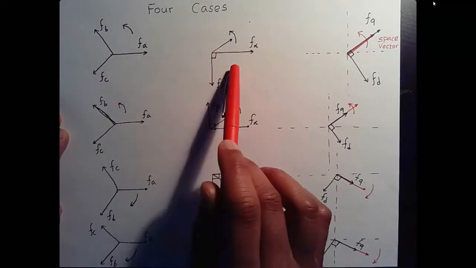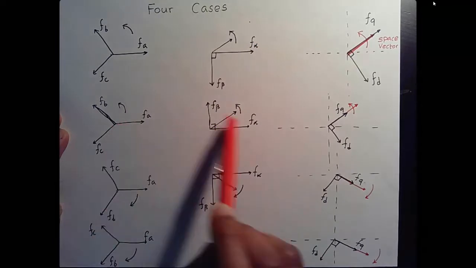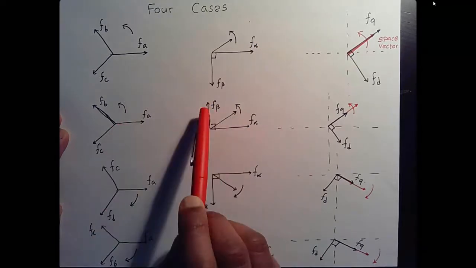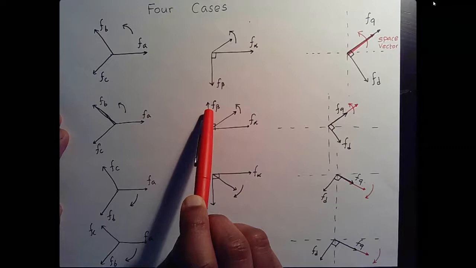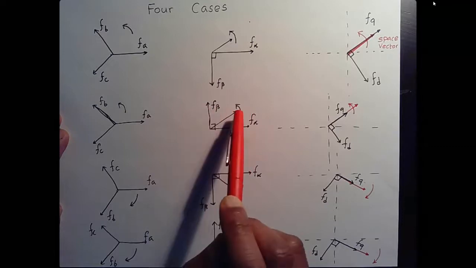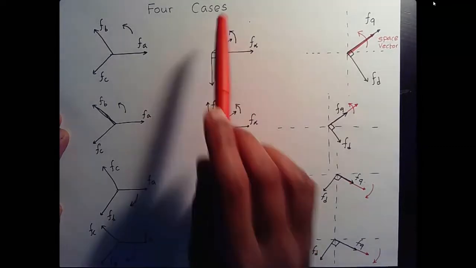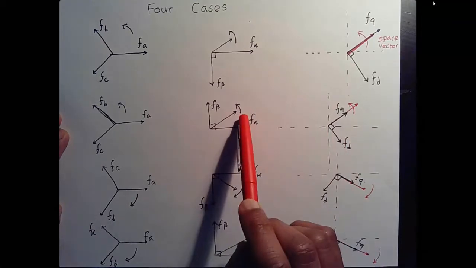In the first case, I'm defining F alpha and F beta in the following way, but still the direction of the space vector rotation stays the same.